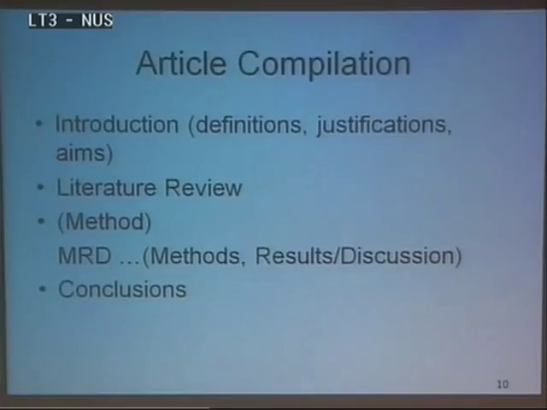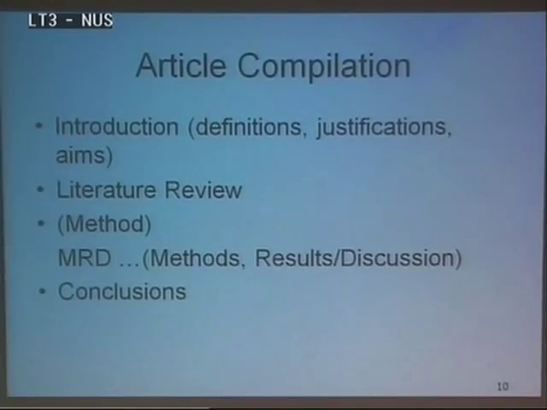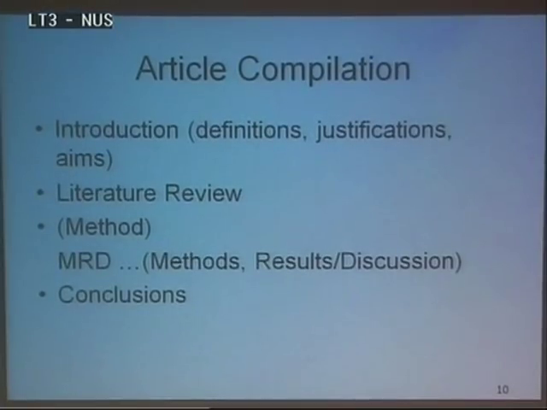Article compilation. Now, my students tell me that some of them are expected to publish in prominent journals. They publish about 3 to 4 articles, okay, during the course of their PhD work, and each of those articles forms a chapter in the thesis. So you can see the format, the organization will change slightly.